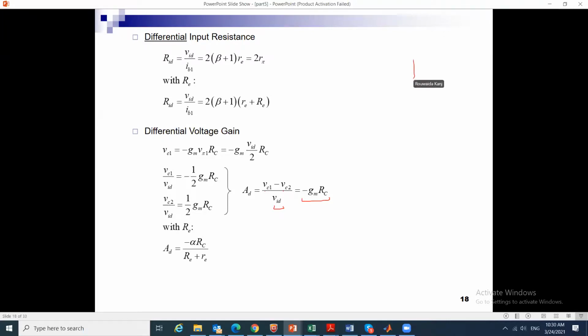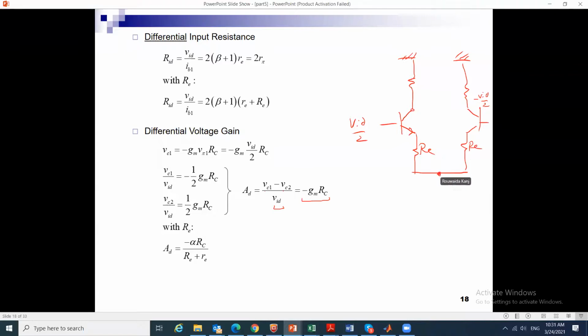In the presence of RE, what is going to happen is I have RE, and this is the common node that was connected to the other transistor. Whenever I am applying differential gain, here VID over 2, and on the other side, minus VID over 2, and this is RE.